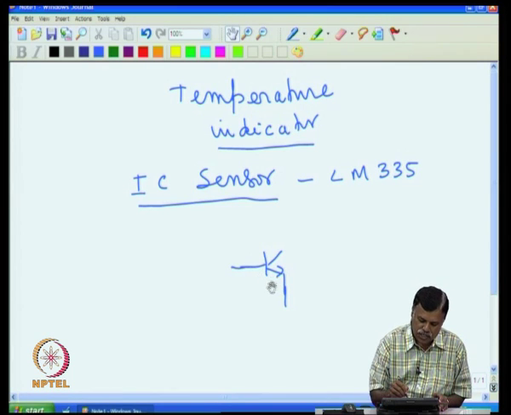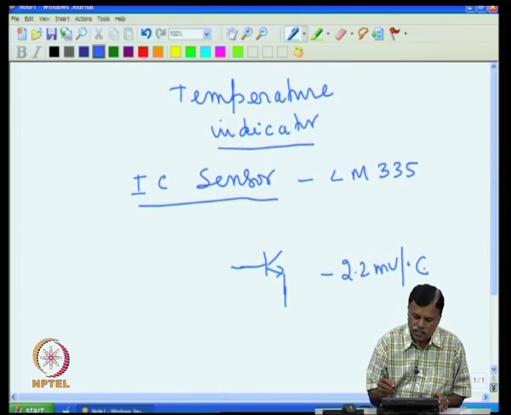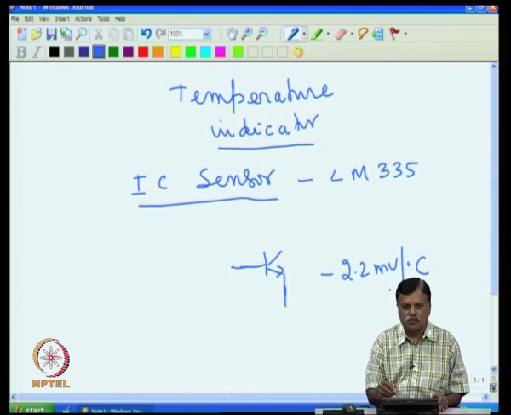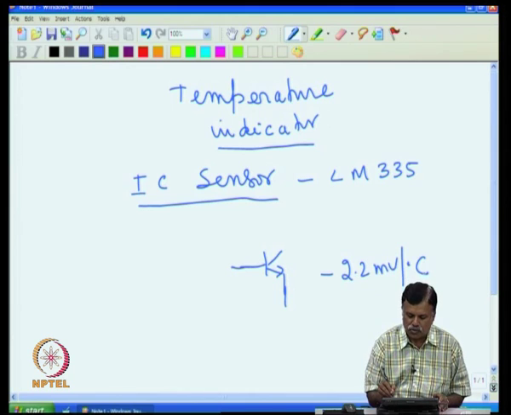This forward bias voltage changes with temperature. The temperature coefficient is minus 2.2 millivolt per degree C. That means for every 1 degree temperature rise, you will have a voltage drop of 2.2 millivolt per degree C.